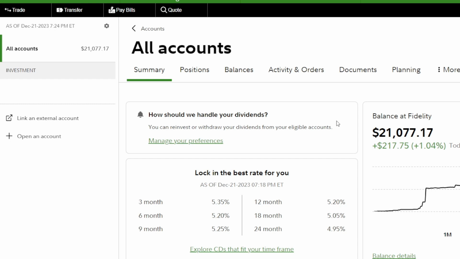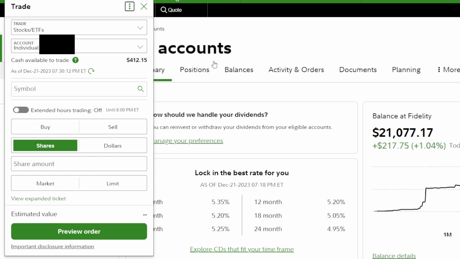So we have 4 of these indexes to choose from for the Fidelity Zero, and they have a unique twist because the Fidelity Zero indices do not charge an expense ratio. Basically, a lot of these funds that have these collections of stocks, mutual funds and ETFs, charge you an expense ratio for owning the fund.